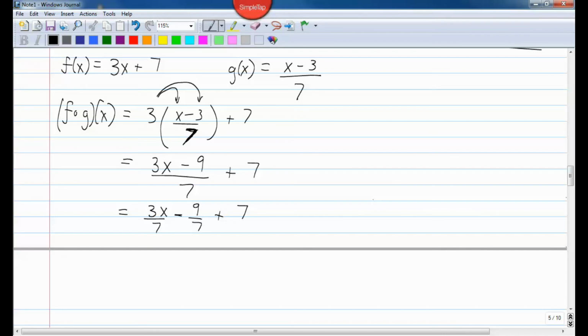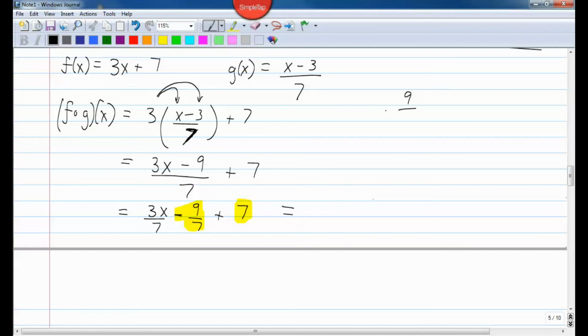Now that you've done that, this term and this term are like terms. They're both numbers. It just so happens that one of them is a fraction. Okay? So I need to change 7 into sevenths to put these 2 numbers together. I'm going to do that over to the side here.